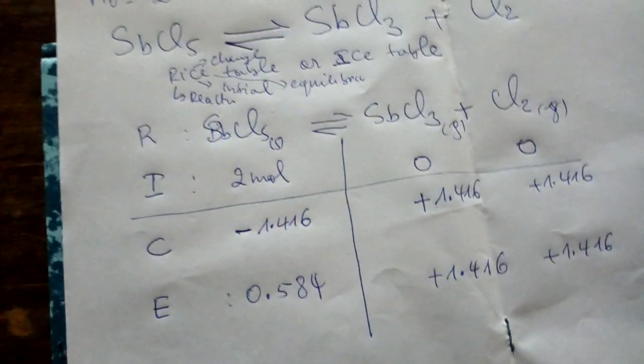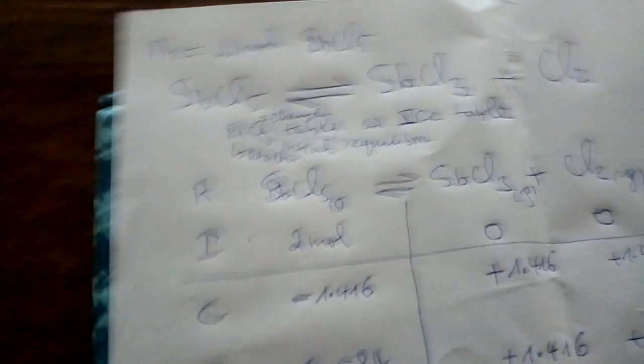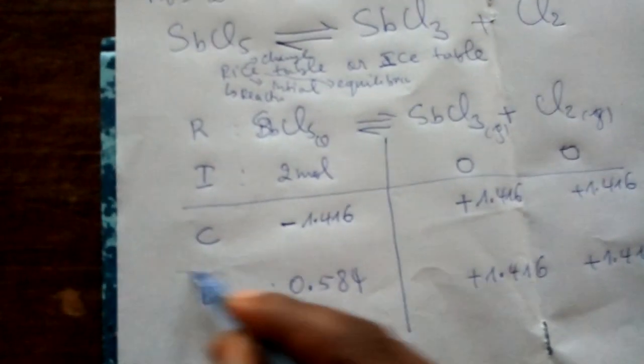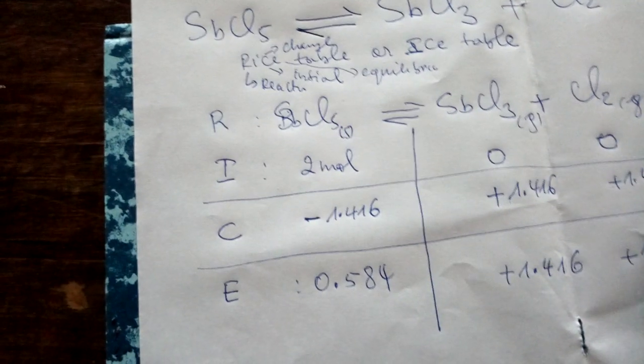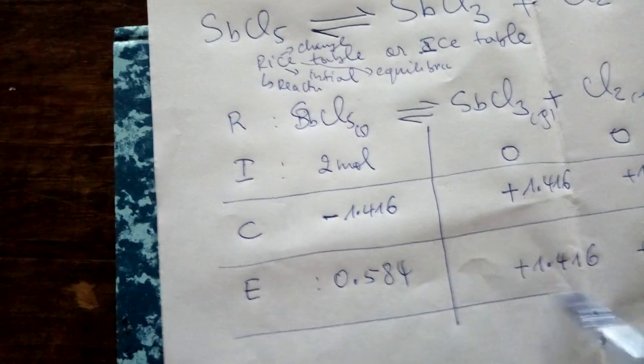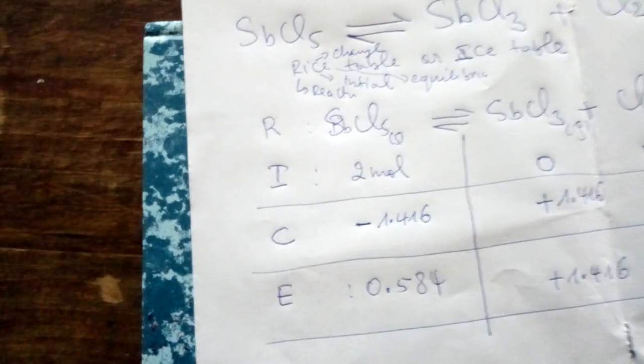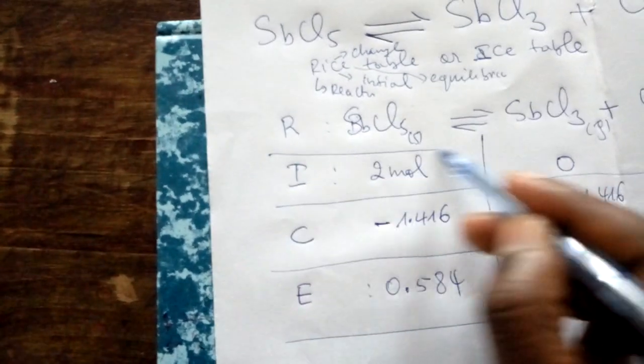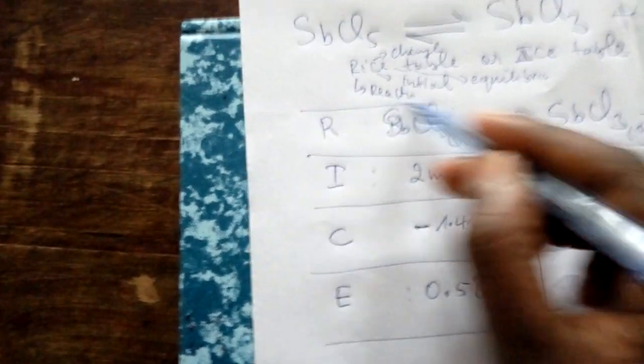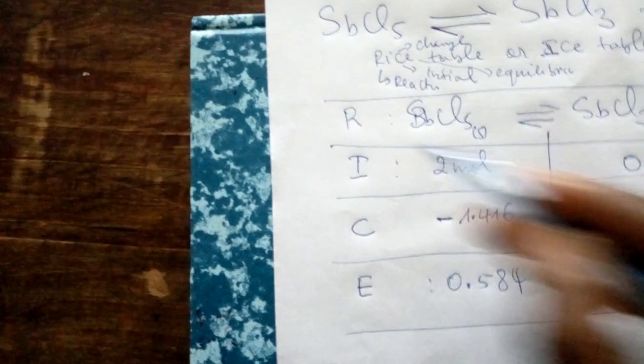The table we have here is what we call the RICE table. This is the RICE table. Initial concentration.